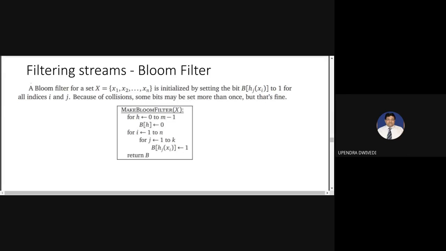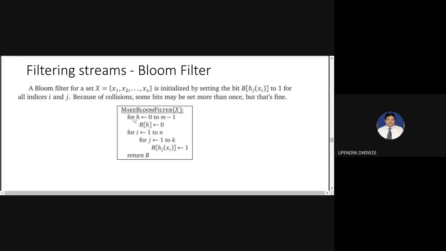You have to find every possible value produced by the different hash functions. If you get the values 2, 5, 7, 8, you take the bit array and, at those locations 2, 5, 7, 8, you change the bit from 0 to 1, or set the bit to 1. You perform this operation for all indices i and j.